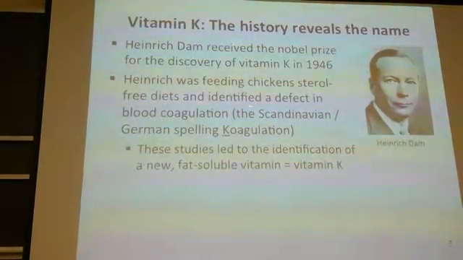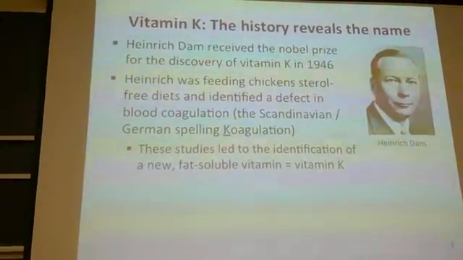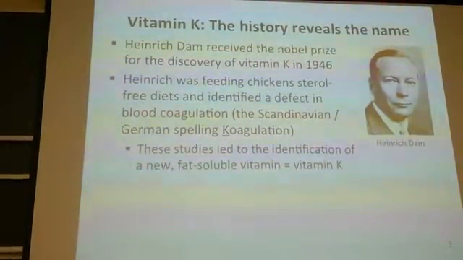And he identified in these chickens a defect in blood coagulation. And this couldn't be rescued by giving fat back to the chickens. It couldn't be rescued by giving cholesterol back to the chickens, but it was rescued by some diets, some seeds, and some leafy vegetables.